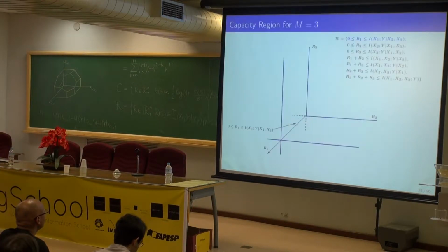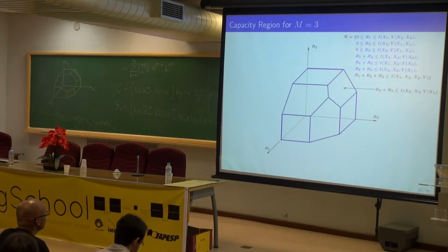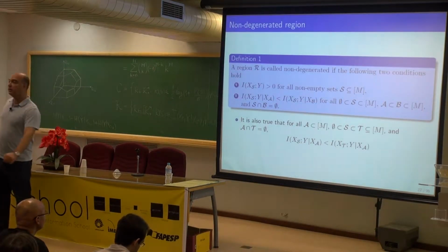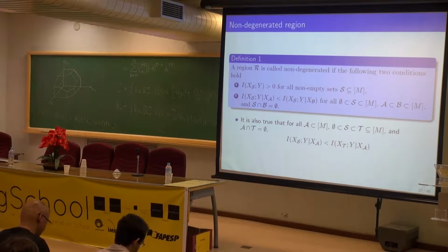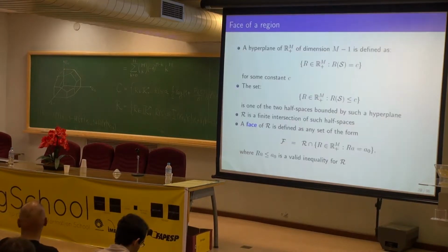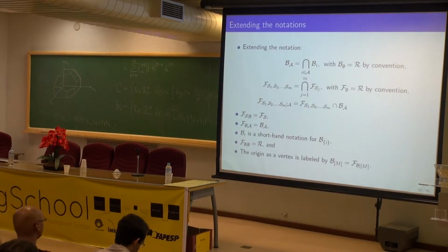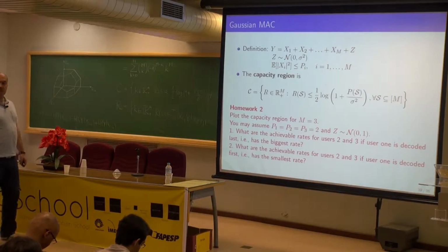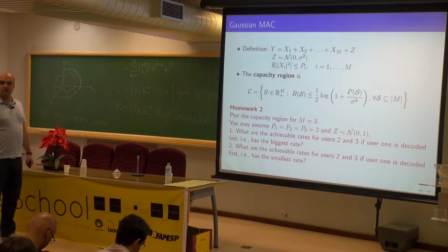Now, how about the second homework? That was related to the Gaussian capacity region for n users, for 3 users. What do you get when you want to maximize the rate for user 1, let's say? If you want to maximize the rate for user 1, which is the first question, it's the intersection of the dominant region with F1.